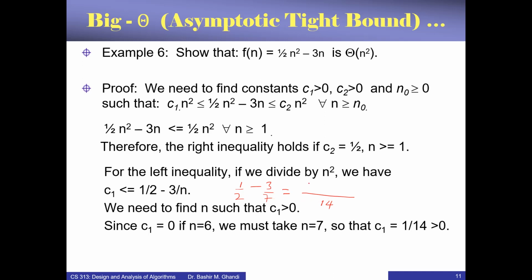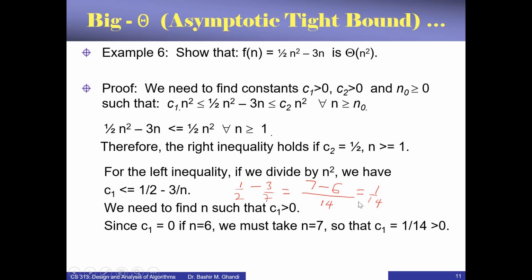And we will have 2 into 14, 7 times, minus 7 into 14, 2 times 3, which will be 6. So you're going to have 1 over 14. So in that case, c1 will be less than or equal to 1 over 14.